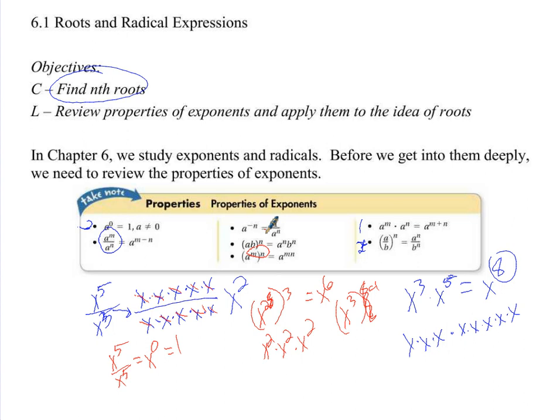Well, let me do an example. Let's go x, y, and let's raise that to the 4th power. Actually, let me go one better. Let's go x times y squared and raise that to the 4th power. Well, what that means is I have x, y squared times itself 4 times.